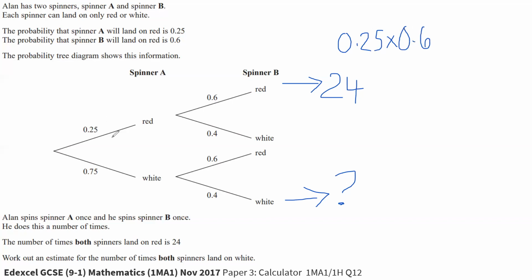So that's the probability that spinner A lands on red, times the probability that spinner B lands on red. And if you do this calculation, then you get 0.15.